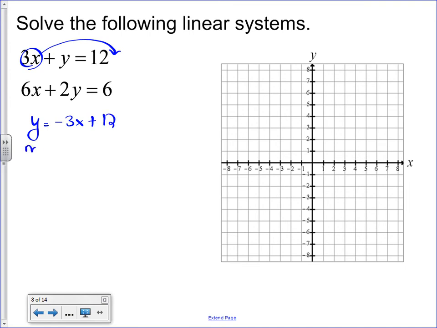Good, what's my m, Vic? Over 1. Good, and my b is what? Good. What do I get, Val, for the second equation? So what do I write?